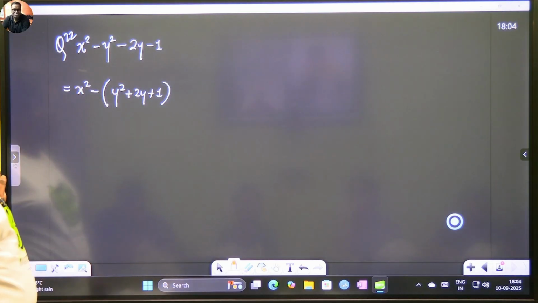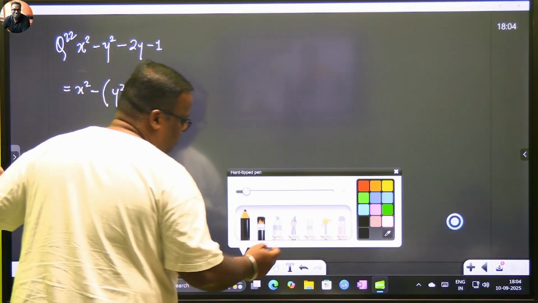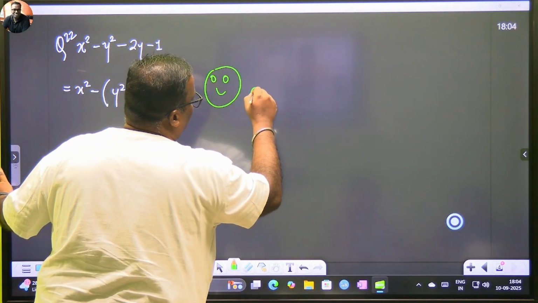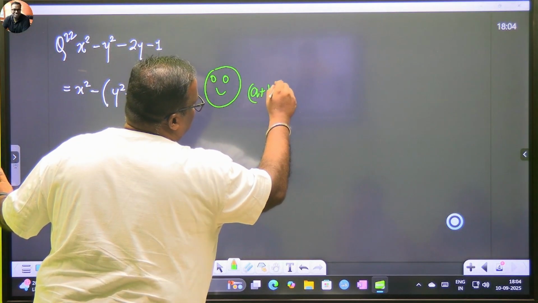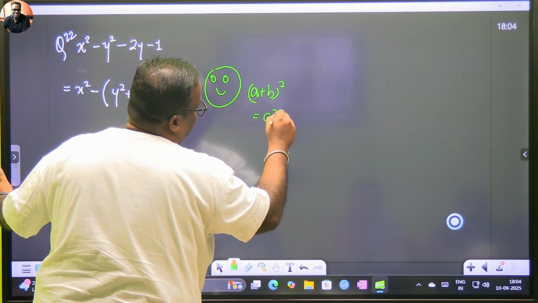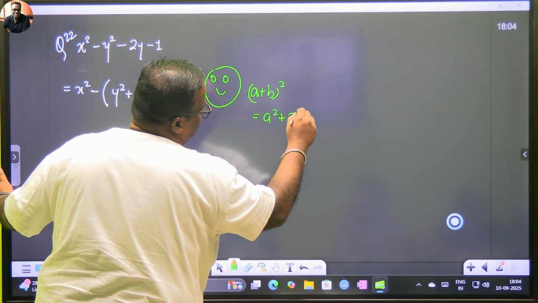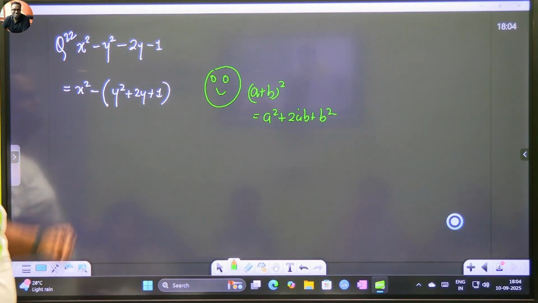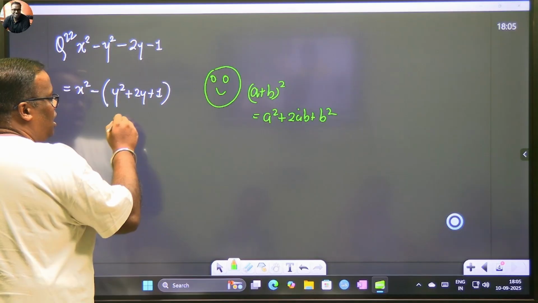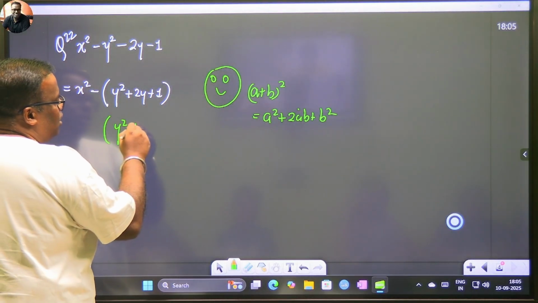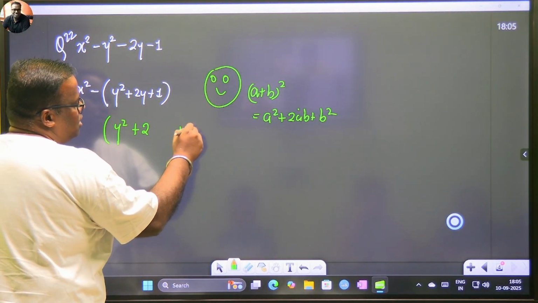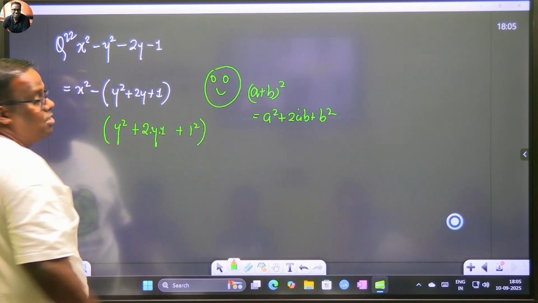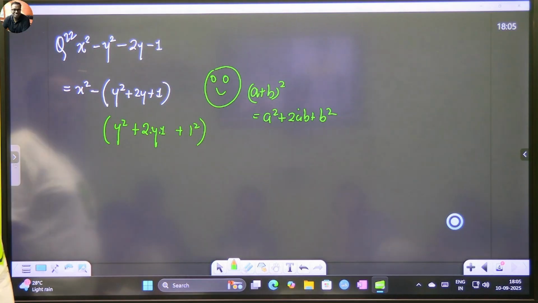Now you have to do some adjustment. You have to think about the formula a plus b whole square is a square plus 2ab plus b square. Do you know this formula? Apply that formula here: a square plus 2 into a into b plus b square.